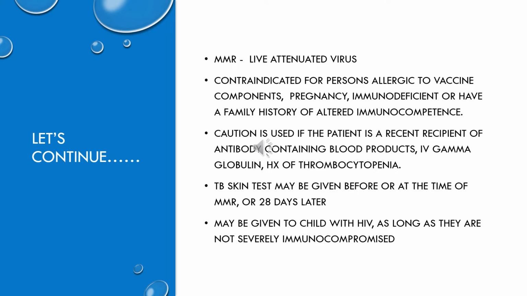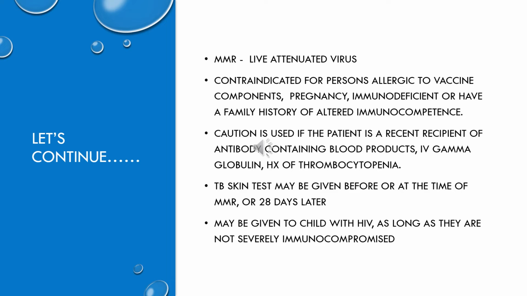So these people have a low platelet count, and we already know, we talked about that earlier, that the MMR vaccine can lower platelet count. That's why we have to be cautious with people who already have low platelet counts, because we may take them from 50 to 10 on that count, which is a big difference, and the risk of bleeding goes up significantly with that.